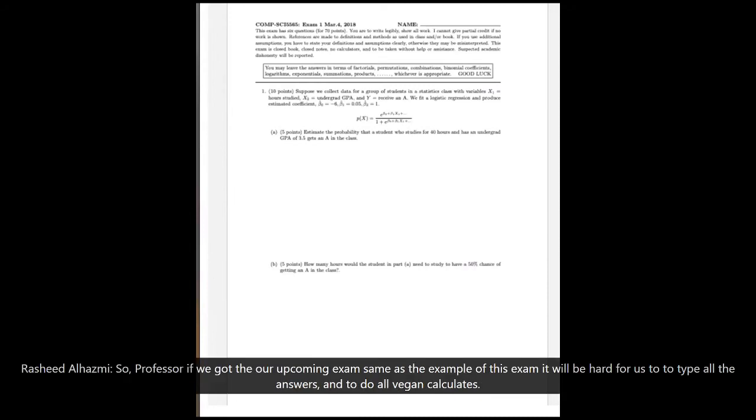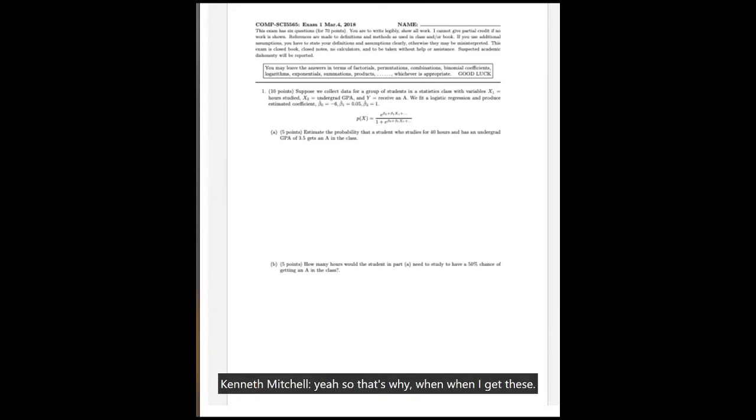Professor, if our upcoming exam is the same as this example, it will be hard to type all the answers and calculations. That's why when I did these, you just put in the answer, and then uploaded all the work.